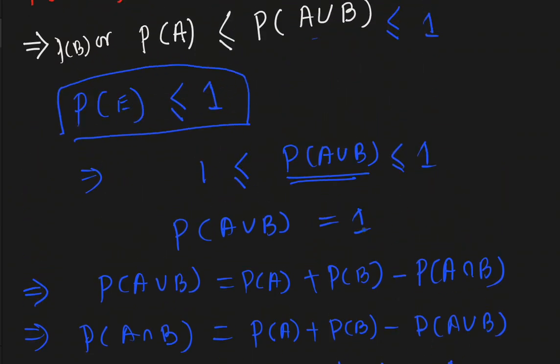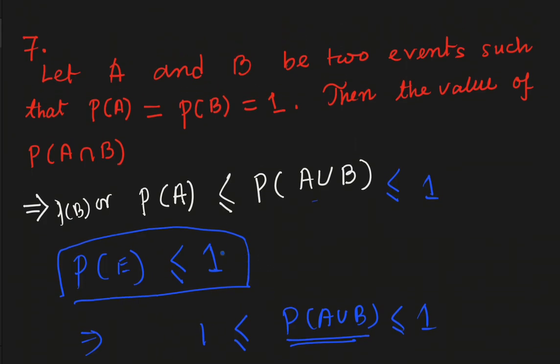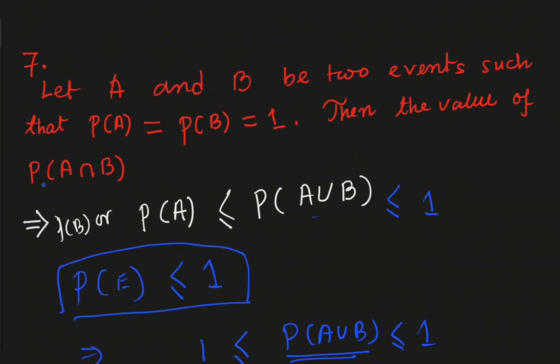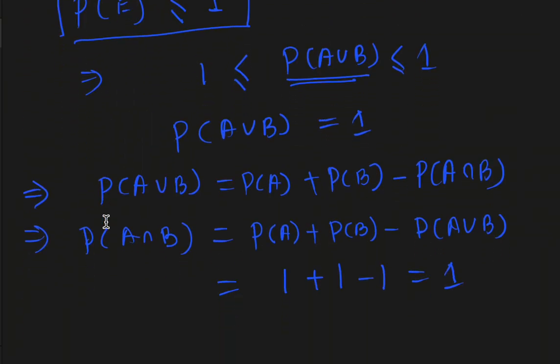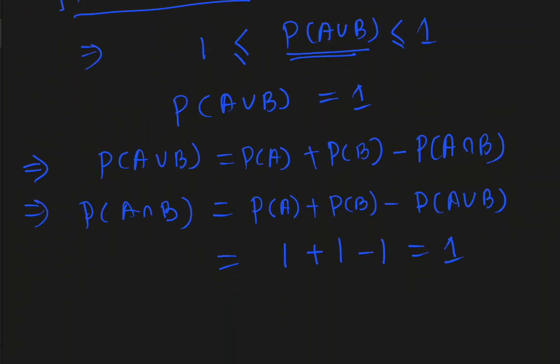So the value of A intersection B is equal to 1.